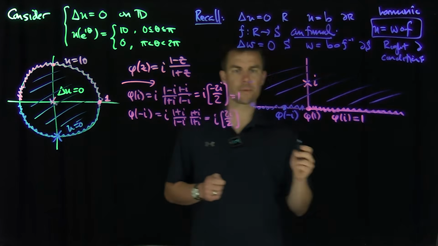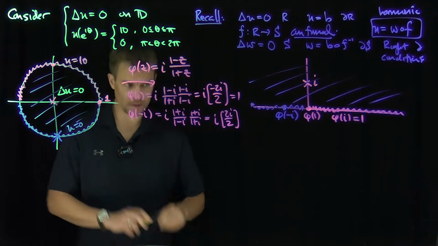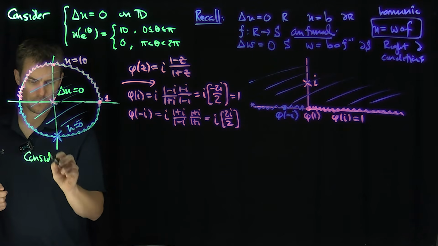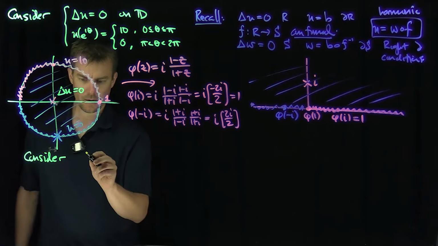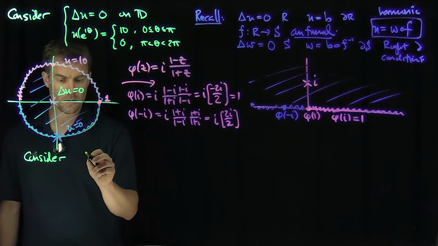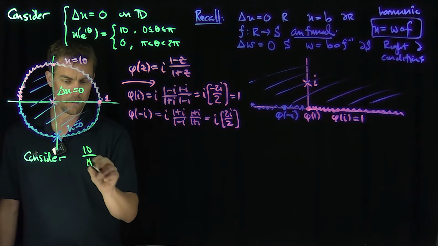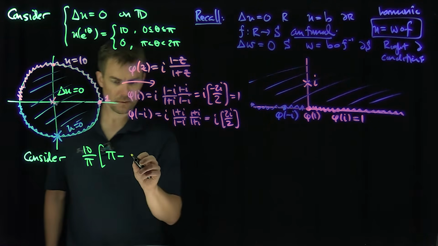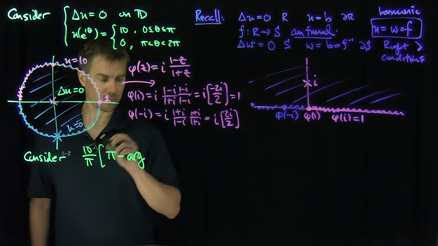So now I'm going to consider the following harmonic function. Consider the function over here in this space, 10 over pi, and then pi minus the argument of w.